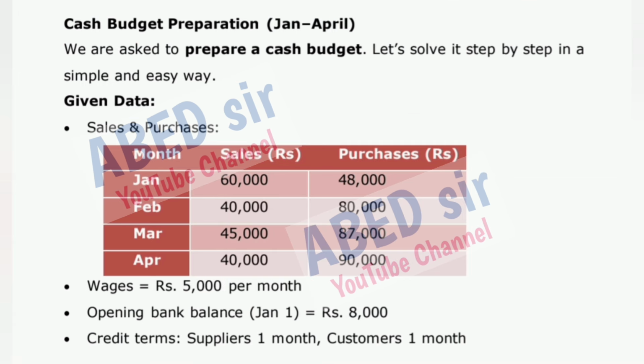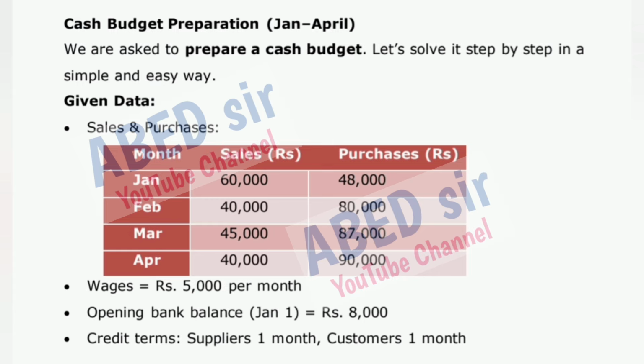Cash budget preparation, January to April. We are asked to prepare a cash budget. Let's solve it step by step in a simple and easy way. Given data: sales and purchases. Jan 60,000, 48,000.